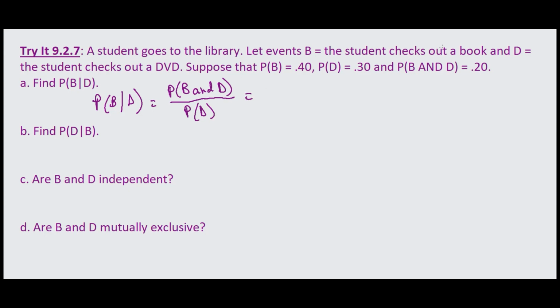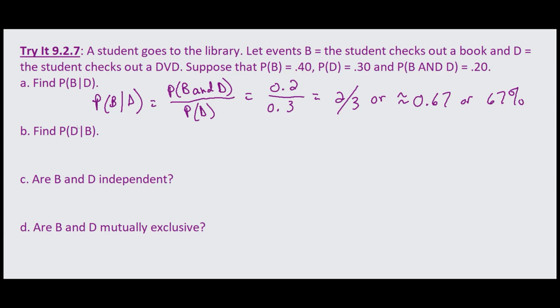So we're given the probability of B and D as 0.2. And then the probability of D is 0.3. So that equals 2/3, or approximately 0.67, or 67%.